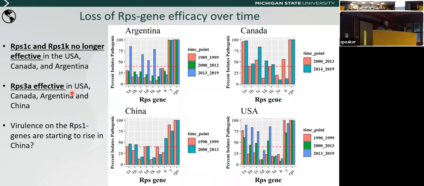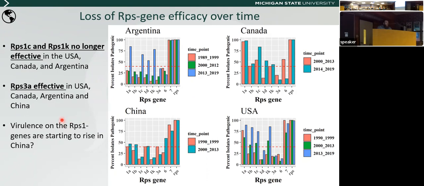And so looking at the efficacy of RPS genes over time by country, we identified RPS1C and 1K were no longer effective in the United States and Argentina, RPS1C not being effective in Canada, but RPS1K only a slight rise in percents of isolates that could overcome this resistance gene. We identified RPS3A as an effective resistance gene across these locations.